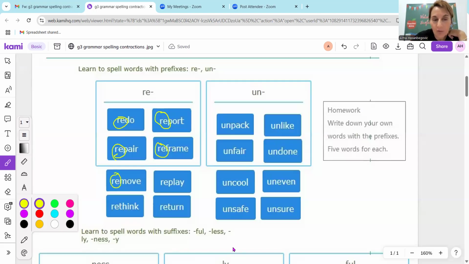Remove, replay, rethink, and return. All of these are prefixes.